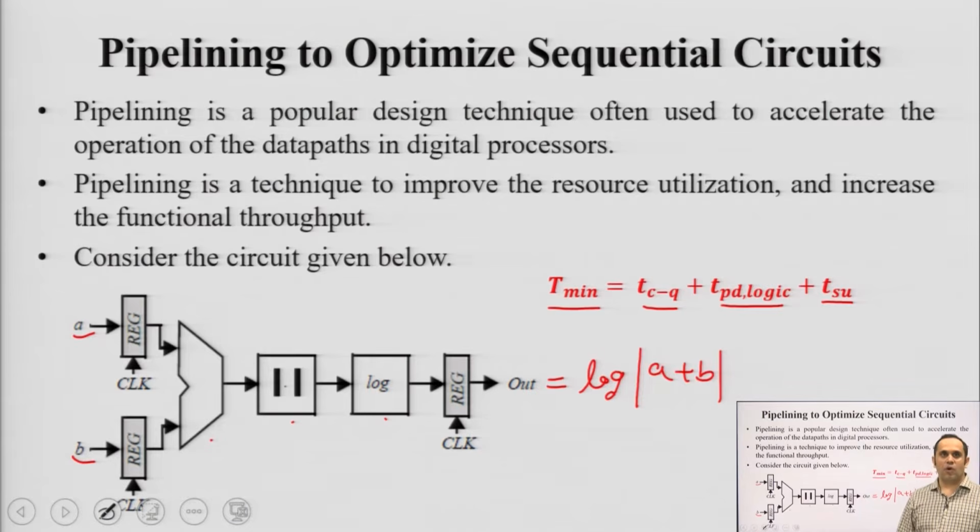All these timing constraints put together are added, so the minimum clock period should at least be equal to these delays, so that the delay of each stage is taken into account. Now, this is the conventional implementation.